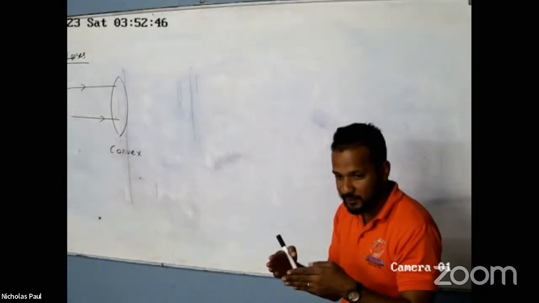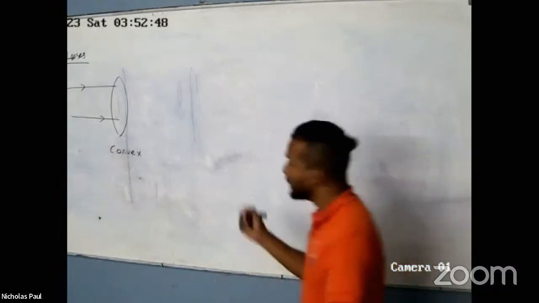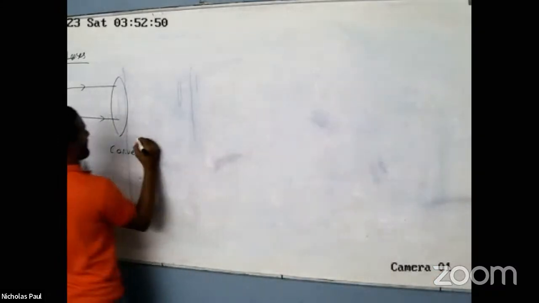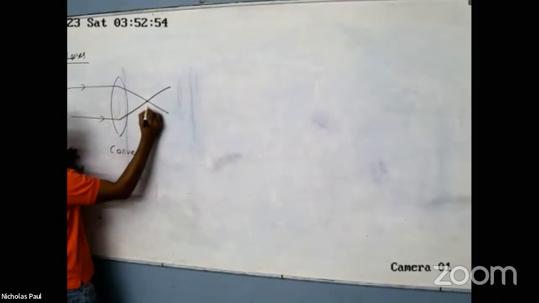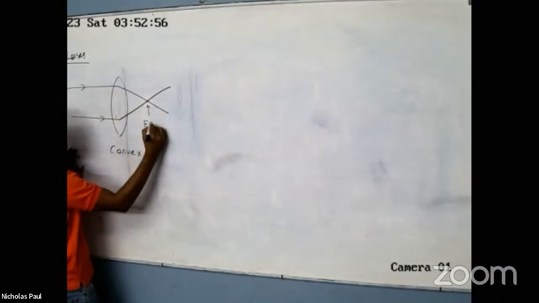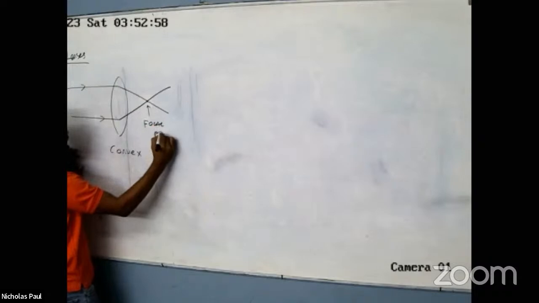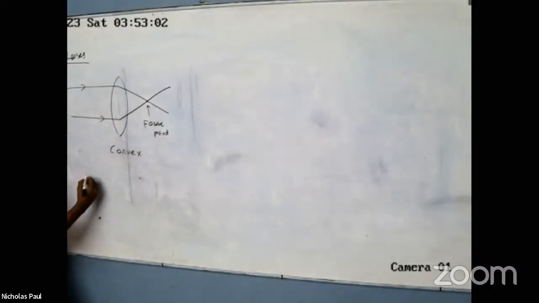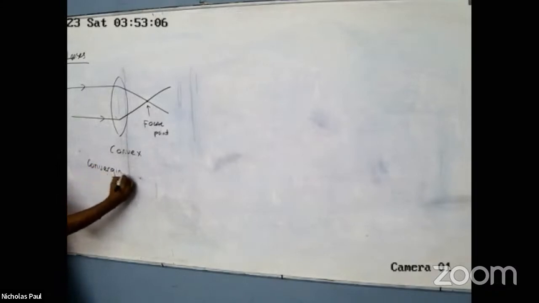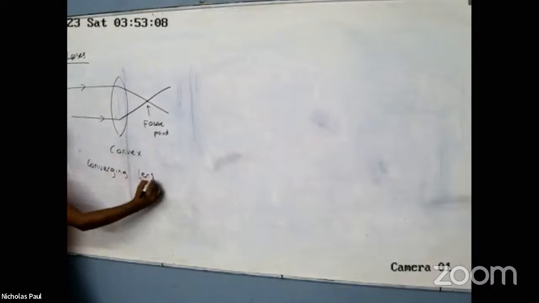It converges the light to a special point, and that point is called your focal point. So another name for the convex lens is the converging lens.